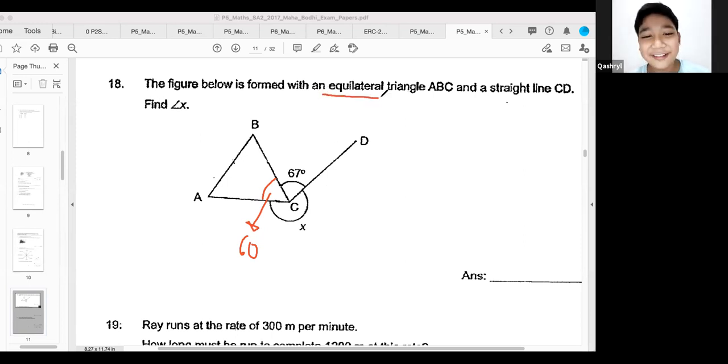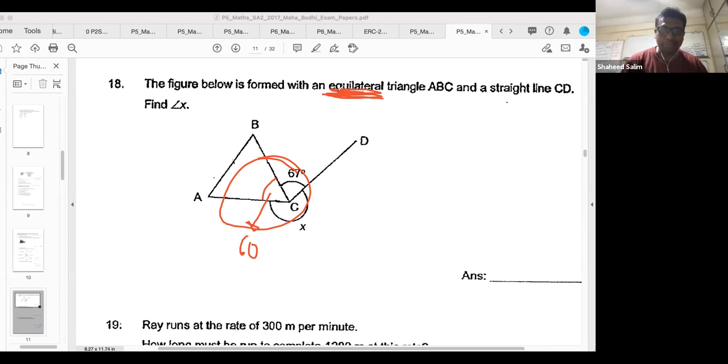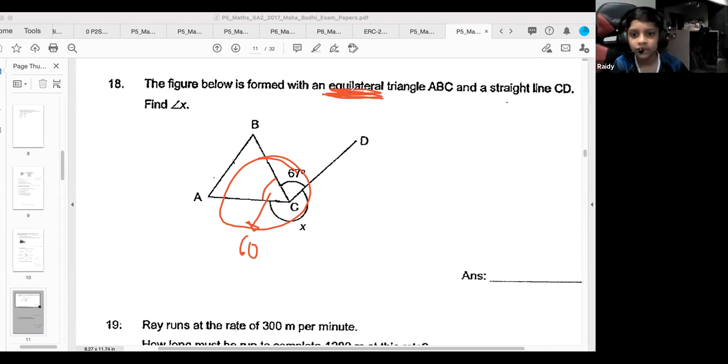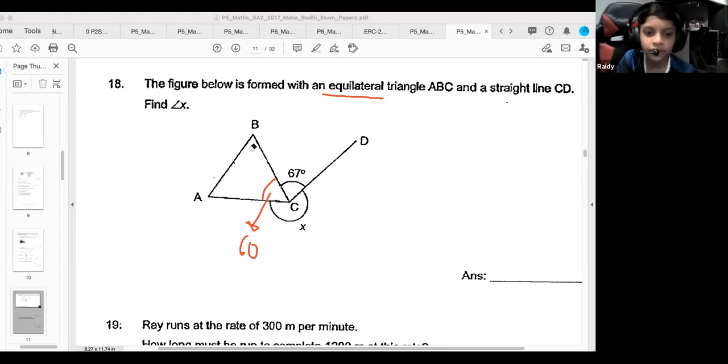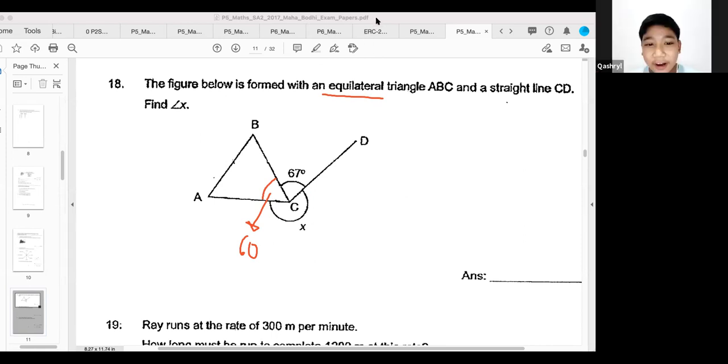Because I underline for you this one. Because it's equal. Equilateral. Okay. Equilateral triangle means all three angles are the same. So 180 divided by 3, you get 60. Is my answer correct? Yes. This is also correct, right? 60. Yes, 60, correct. Well done.